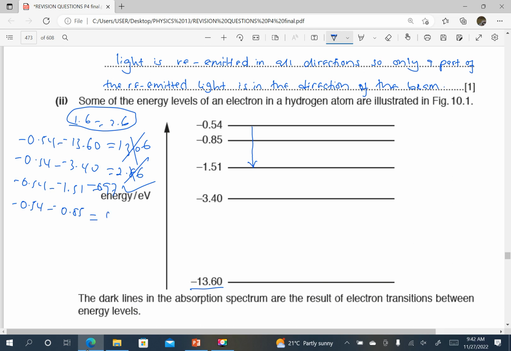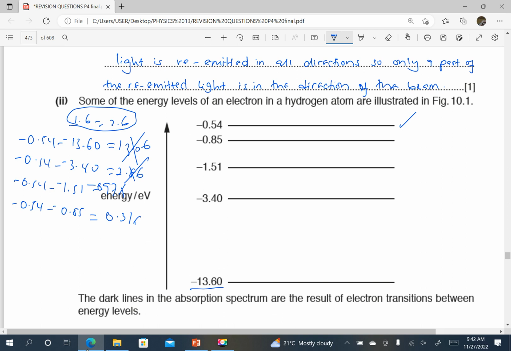So this is 0.31. That is within the range. No, it is outside the range. Even this one is outside the range. Sorry, 0.97. No, that is outside the range. So this is not possible. This is also not possible. It is outside the range. Okay, so I'm done with that one.